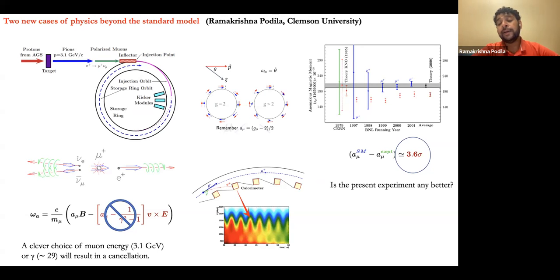And then we need a certain standard deviation to make sure that whatever difference between the standard model and the experimental value is not coming because of some sort of an experimental error, or some sort of what is called a random fluctuation. So the experiments before have observed an anomaly, but it was within 3.6 sigma, the deviation.